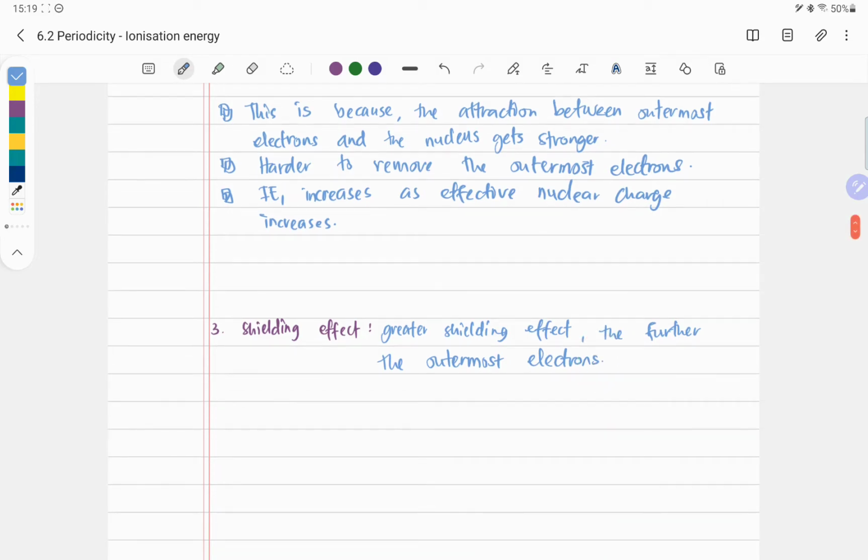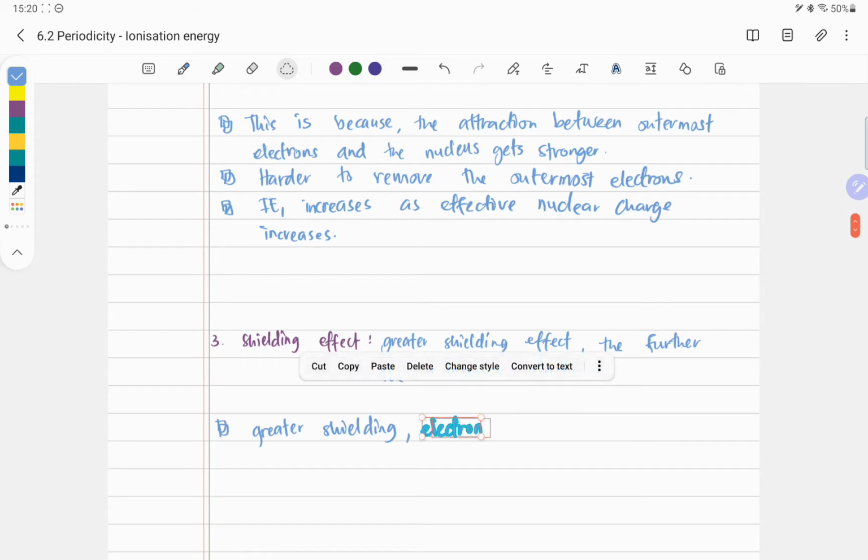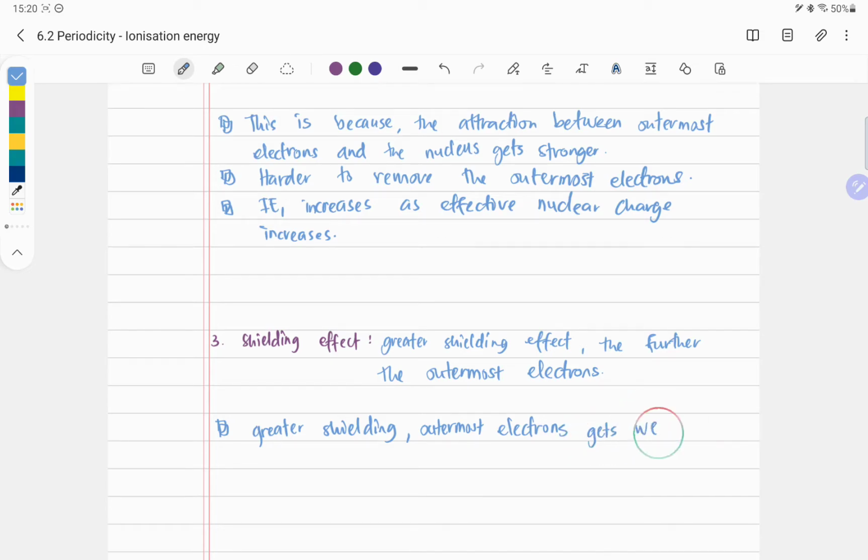If we want to explain this, with greater shielding electrons, the outermost electrons get weakly attracted to the nucleus.